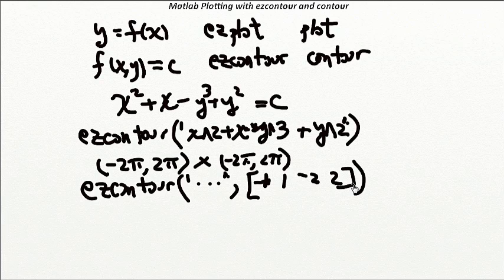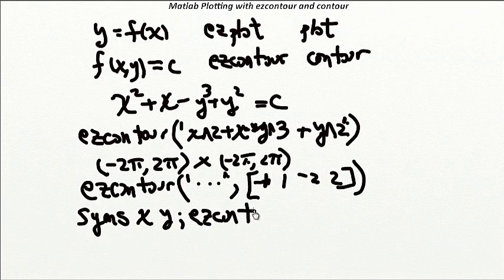Now alternatively, you can use symbolic input. So we do that. Not surprisingly, syms, but we have two variables here, x and y, and then we issue the command ezcontour, same as before, but without the quotes.